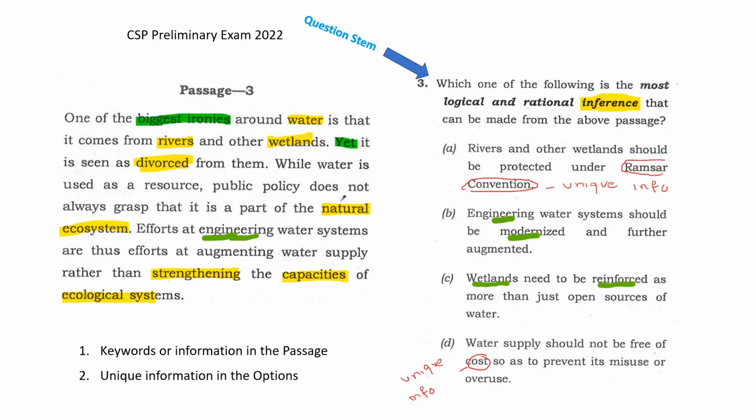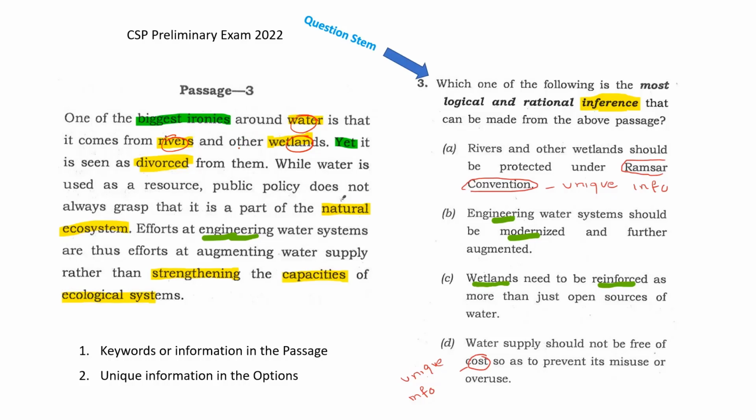Here it is talking about water, wetlands, rivers. But what about this biggest ironies? It is some description, something unique. Biggest ironies. This helps me understand the inference.